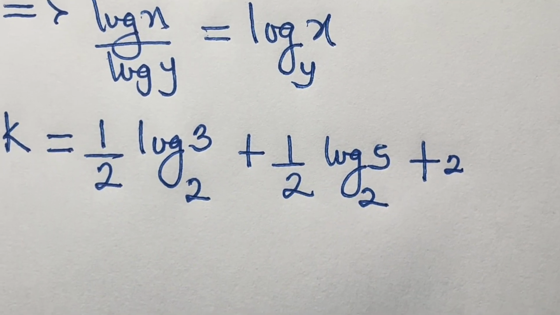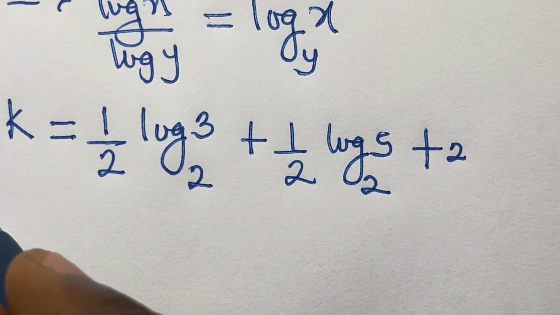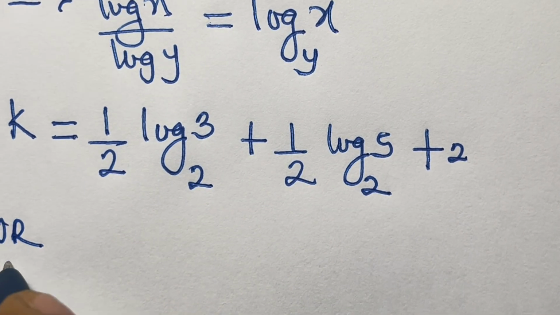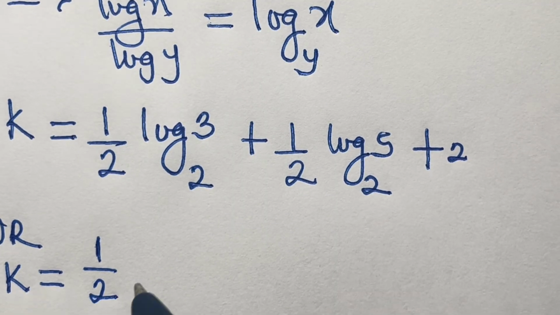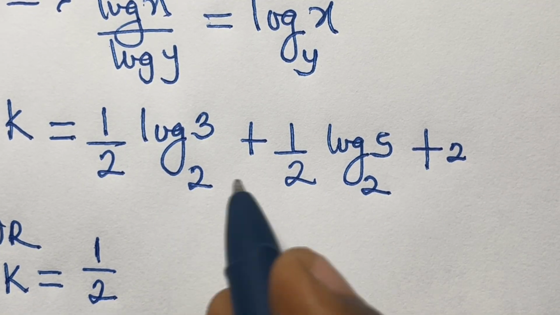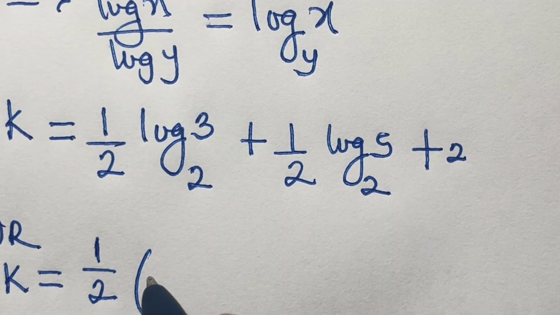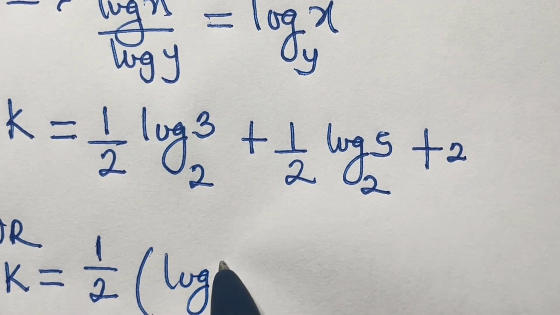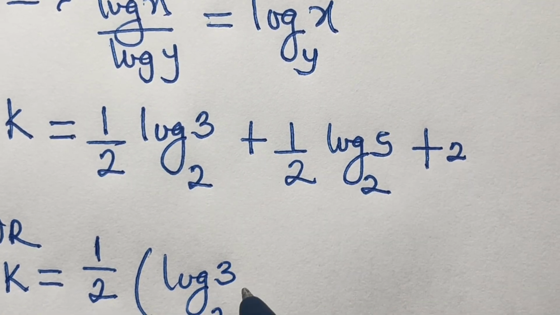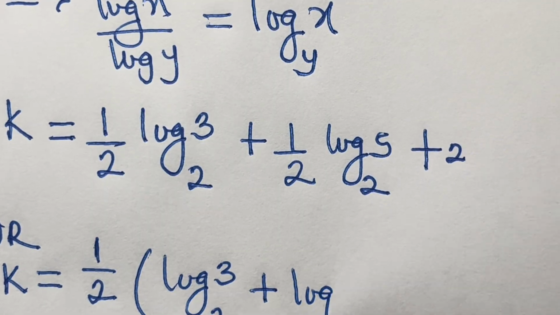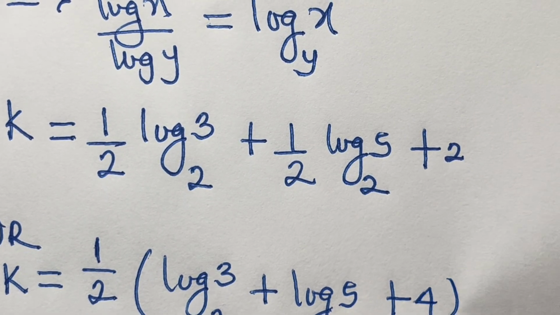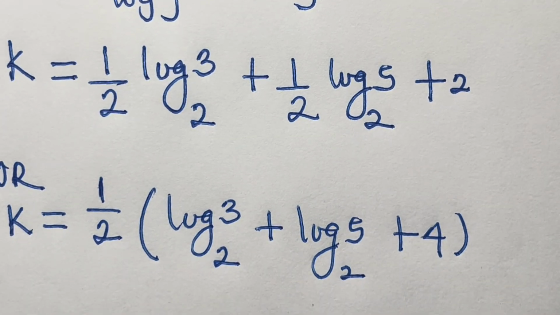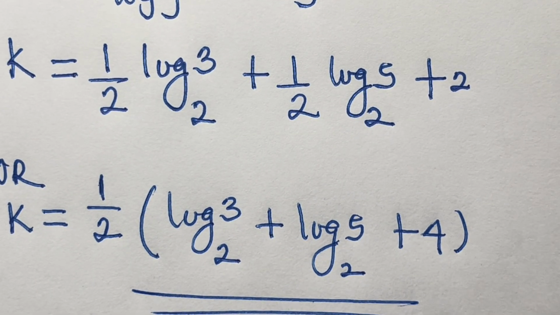So this is our final answer. Or you say k equals 1 divided by 2, since 1 over 2 is common, so we have log 3 in base 2 plus log 5 in base 2 plus 4. So any of these you choose is your answer.